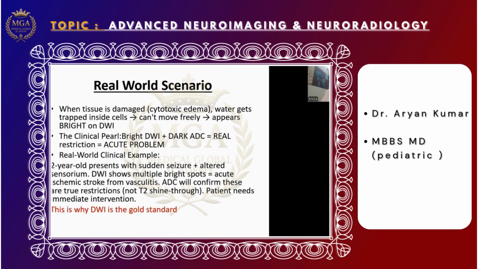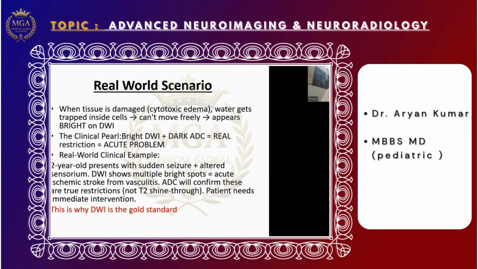So in the real world, we use diffusion weighted imaging when tissues get damaged. Like in cytotoxic edema, water gets trapped inside the cell. Hence water cannot move freely, and on MRI diffusion weighted imaging you will see a bright image.